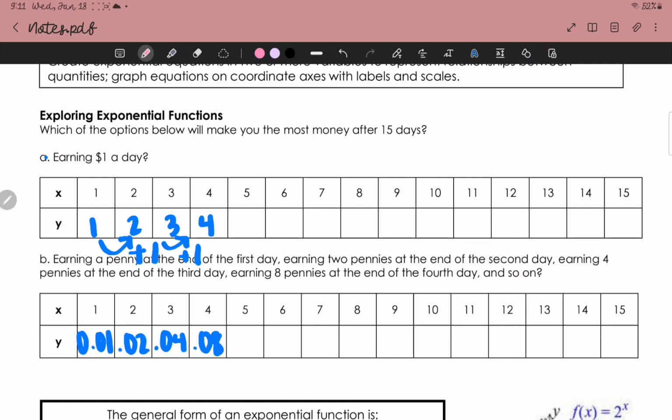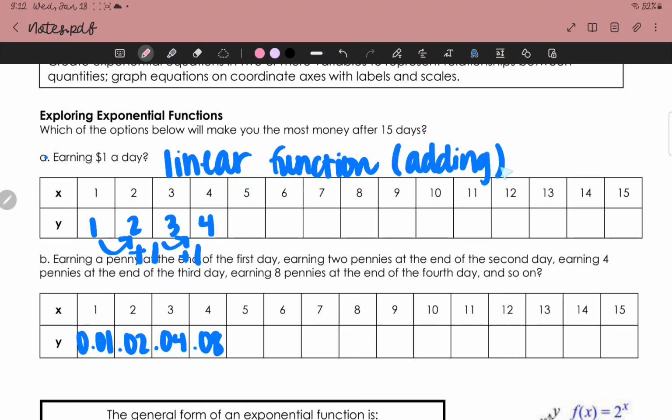So it's adding a number, a constant, in order to get to the next term. That is just reminiscent of a linear function. So example A represents a linear function because I know I am adding to get to the next term.